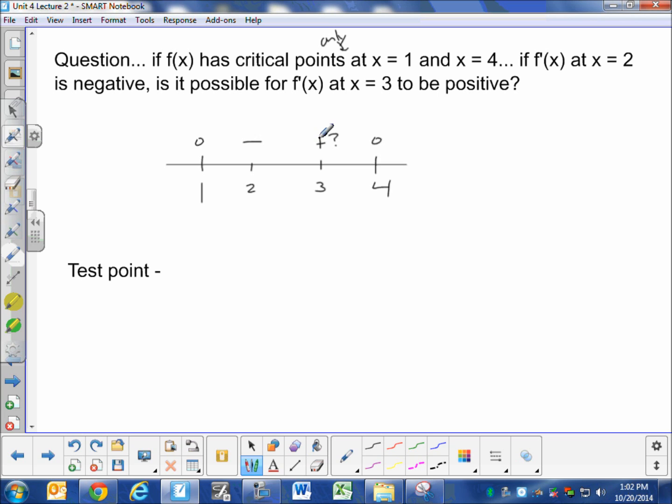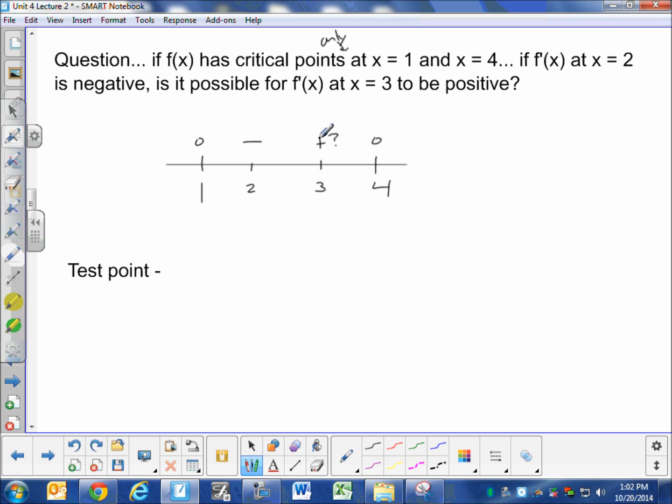No. Mr. Kaiser, you said no very emphatically. Why? Because in order for f prime to go from negative to positive, it has to be 0. Can't have 0 between 2 and 3. Why can't you have a 0 between 2 and 3? Because the only zeros are at 1 and 4. Exactly.